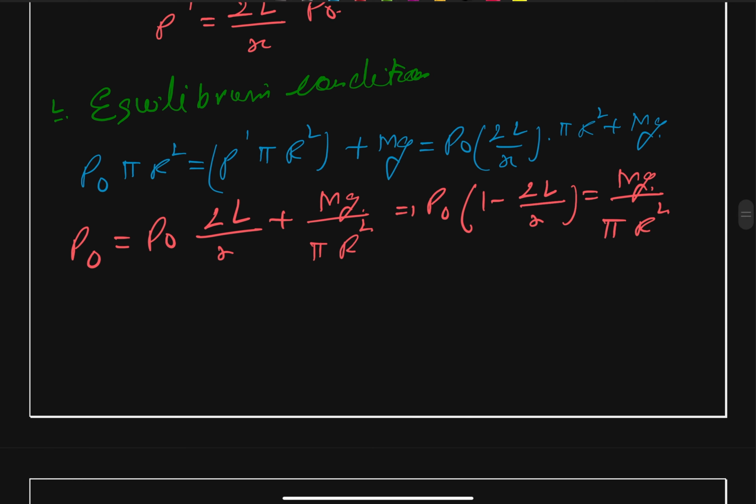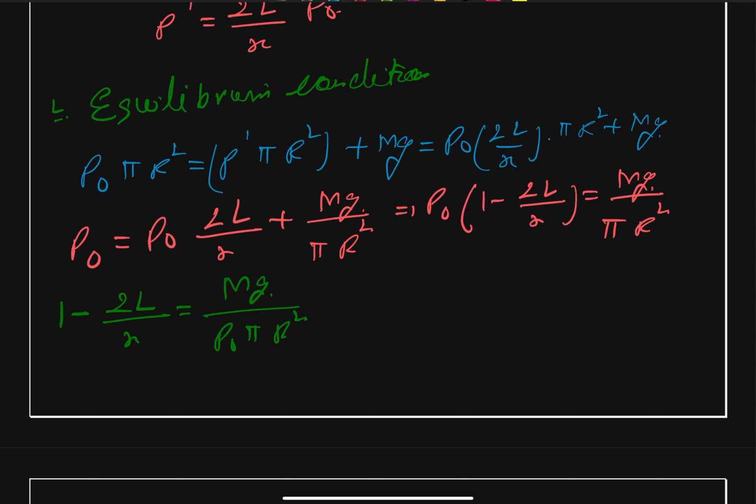and we can further write it as 1 minus 2L upon x is equal to mg upon P naught pi r square.